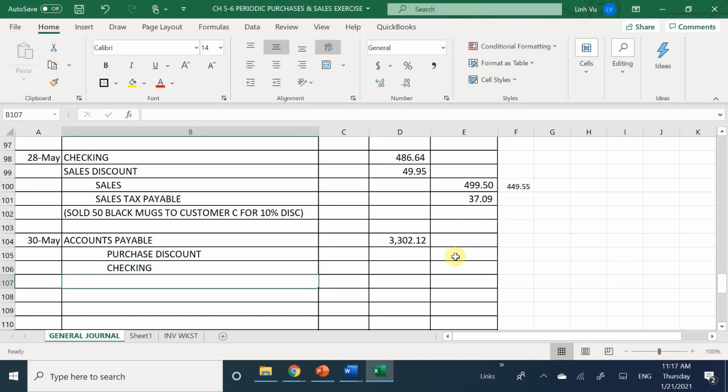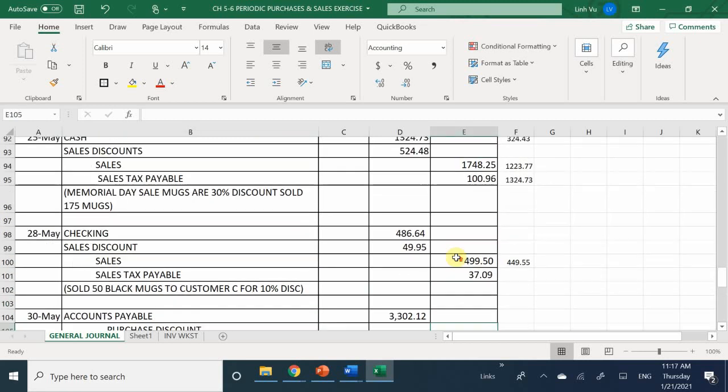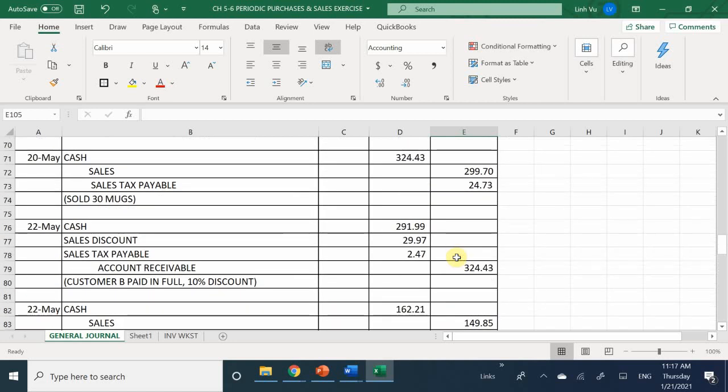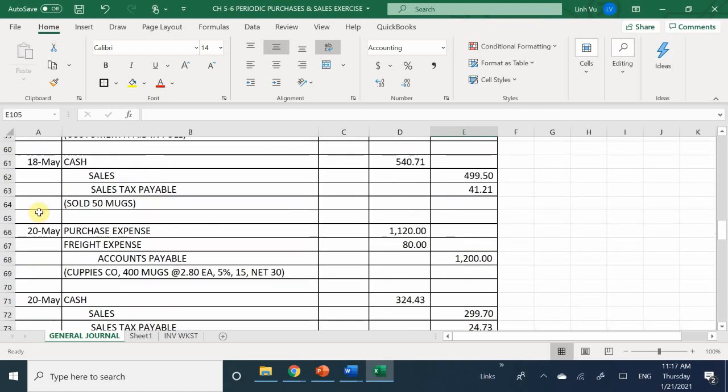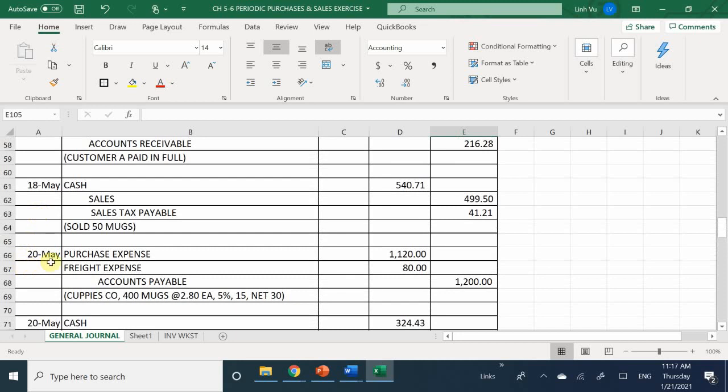So how much was the purchase discount for? 5%. Okay, so now we got to look back here. So on May 20th, we made a purchase here.